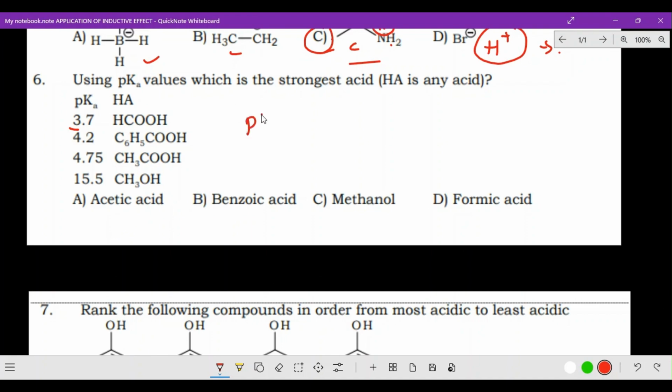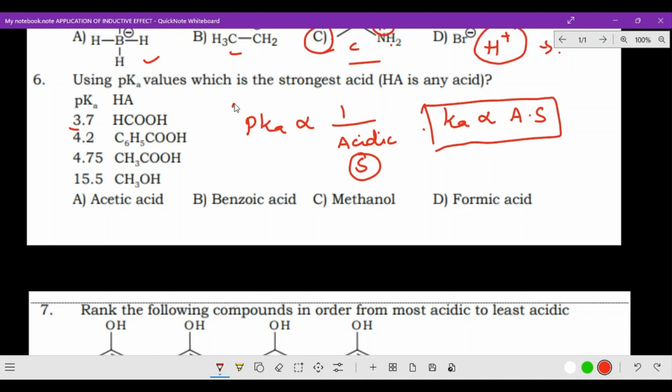The formula I'll give you: pKa is inversely proportional to acidic strength, and Ka is directly proportional to acidic strength. Please note down these two important points. When the pKa value increases, acidic strength decreases. When the Ka value increases, from the equilibrium concept, acidic strength also increases.